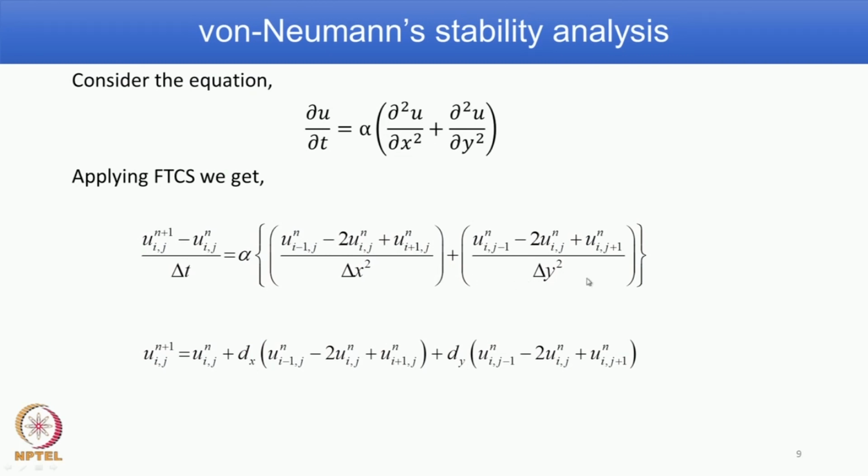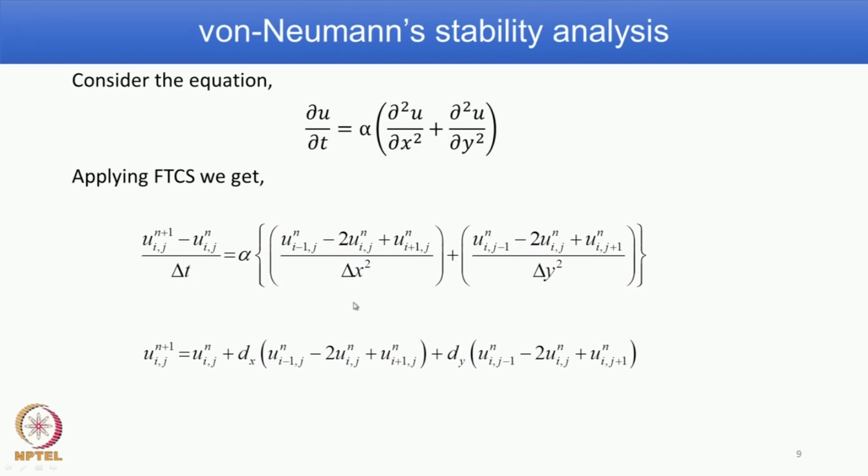Then the second term in the parenthesis is for the second derivative in the y direction, but again central in space. So, you can observe u is taken from nodal location i comma j minus 1, u at i comma j, u at i comma j plus 1, again evaluated at the nth level.